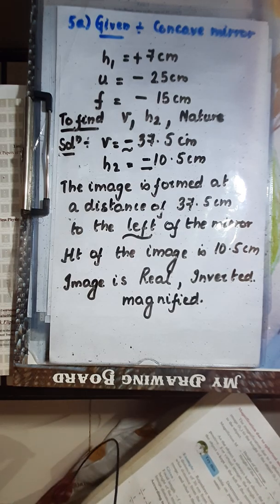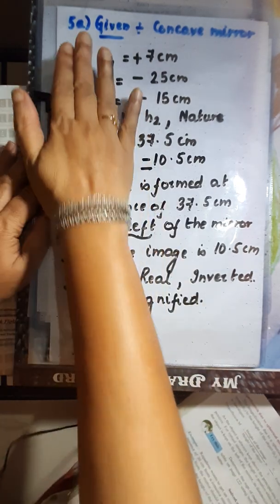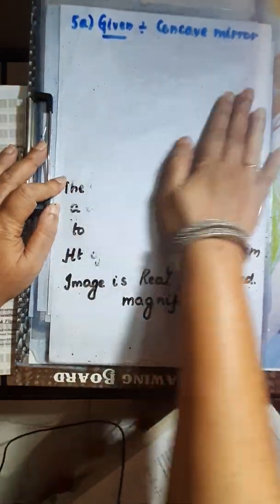Now 5 we will go to C. Okay, 5 we are going to see. Okay, once again it's a concave mirror. Now a 10 centimeter long stick is kept in front of a concave mirror having focal length 10 centimeters.